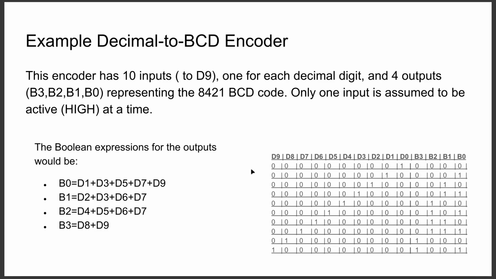Only one input is assumed to be active at a time. So as you can see, we have the truth table down here. So basically you can see how the outputs correspond. D1 is high, then D2, D3, all the way down to 9. And as you can see, 9 is active.